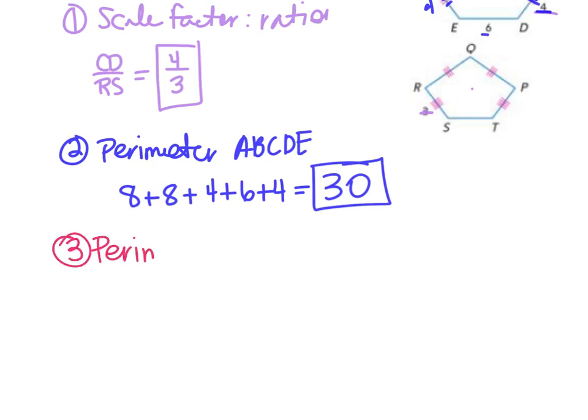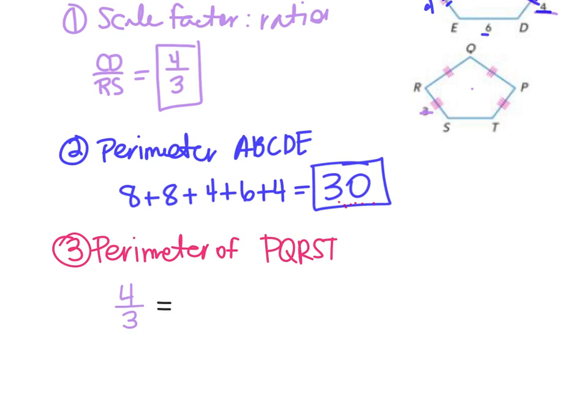So let's see what the perimeter is. We know the perimeter of PQRST has to be proportional to the perimeter of ABCDE by our scale factor. So let's start with our scale factor. 4/3 is how it changes between the images.